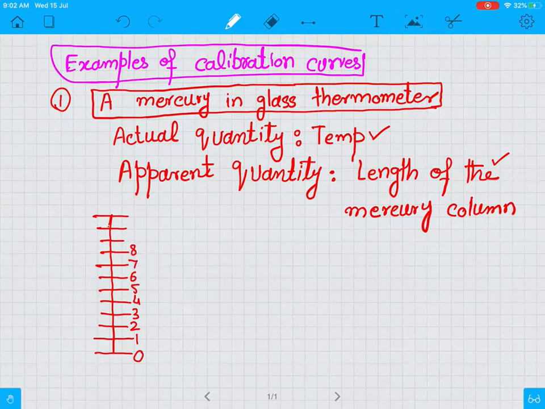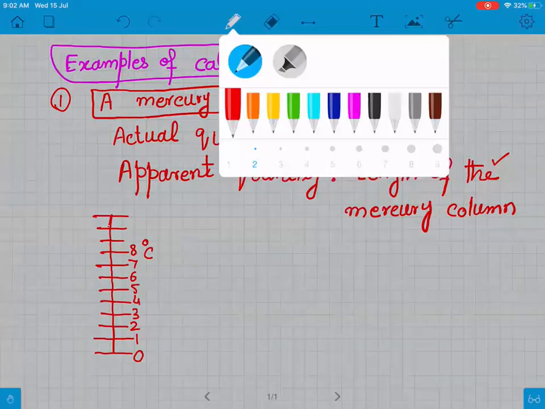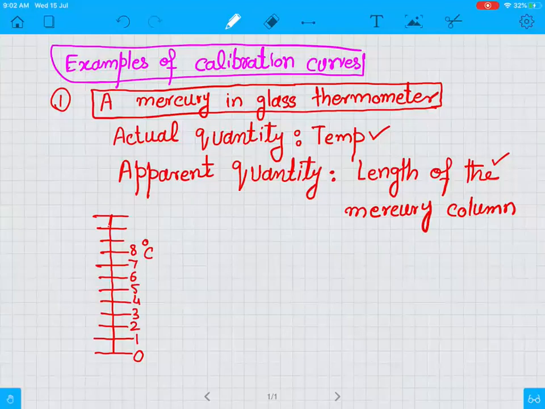Now, this is a thermometer which has uniform divisions, or you can say that this thermometer has a uniform sensitivity. So, the length moved by the mercury column for every 1 degree Celsius rise in temperature is same at any point. So that's why this thermometer has a uniform sensitivity.